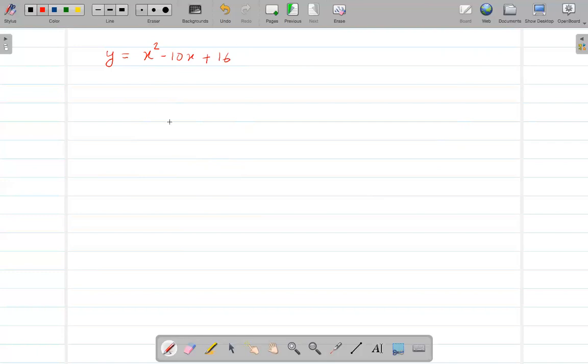Now the function is given. First we need to find the vertex.